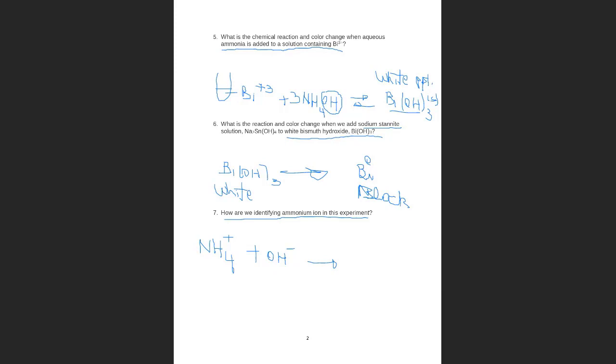When you read the procedure, you will read this and the ammonium is going to form the gas ammonia plus water. This is an acid, a weak acid, and this is basic, the gas. So it will turn the red litmus paper, when it's humid, when there is moisture, into blue.